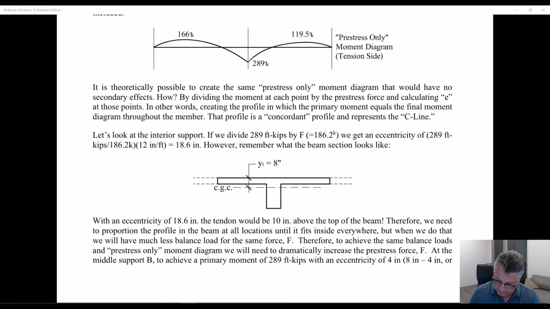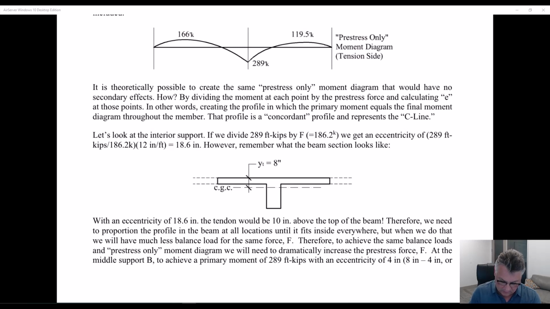So let's see what happens. I take the 289 foot kips, divide by the 186.2 kips that I had put in the tendons, and we need 18.6 inches of eccentricity, such that the primary and the final moment diagrams would be the same.